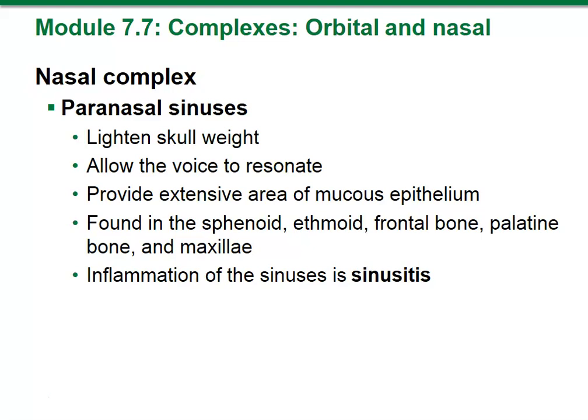Again, that provides some humidity to the air. It also can help in forming mucus. It captures foreign particles. And you find the paranasal sinuses in sphenoid, ethmoid, frontal bone, palatine bone, maxillae. However, unfortunately, a lot of times we have trouble with our sinuses, right? And when they become inflamed, you get sinusitis.